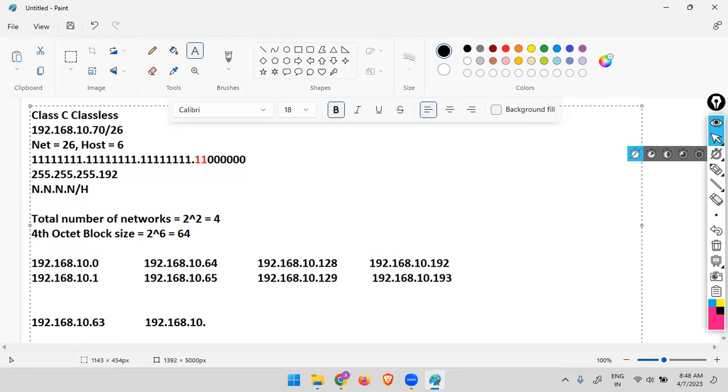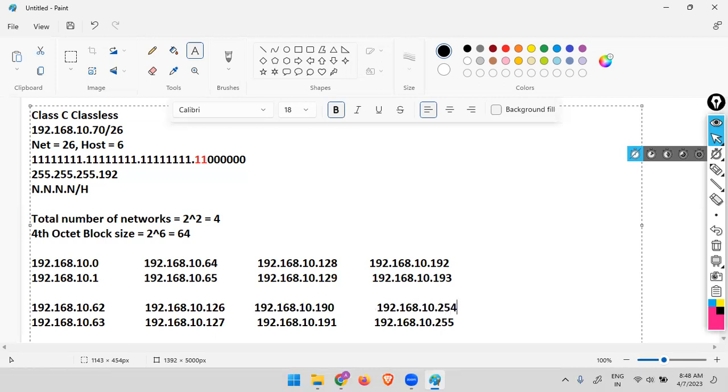Here 127. Here 191. And this is my last network, that means maximum 255. The last valid IPs will be 62, then 126, 190, and this one will be 254.